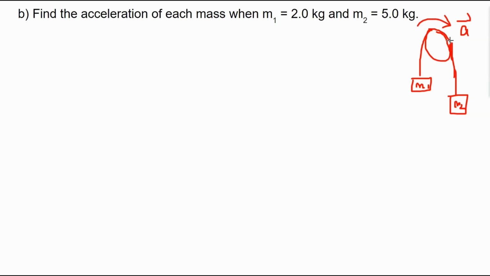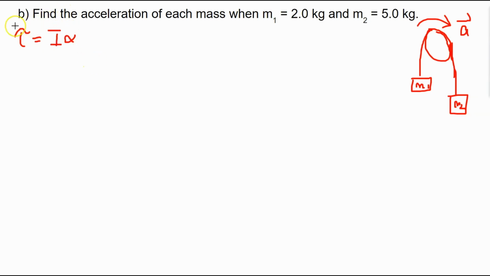Now, finding the acceleration is a very long process. There are multiple ways to do this, but I'm going to do it in the way I prefer. So what's an equation to relate our given quantities plus acceleration plus the torque? Well, we have torque is equal to the moment of inertia times angular acceleration.